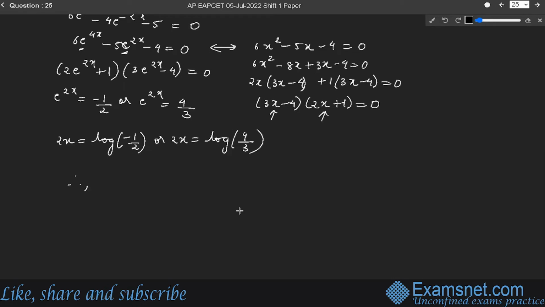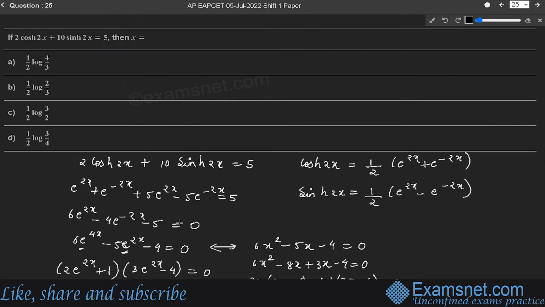Therefore, we can say that 2x will be equal to log of 4/3. So, the value of x will be 1/2 log 4/3. This is the required value of x here. Therefore, out of all the given options, the correct option is option A, which is 1/2 log 4/3.